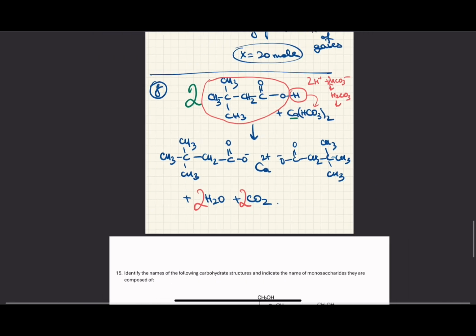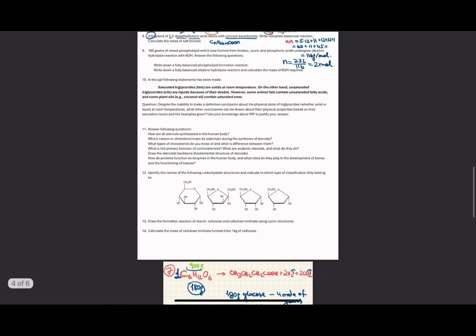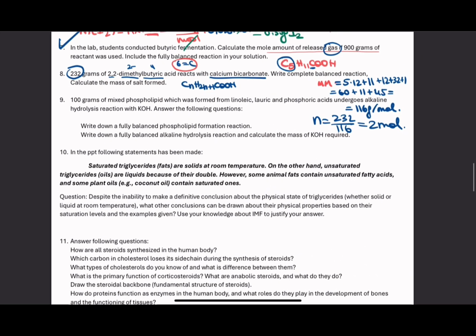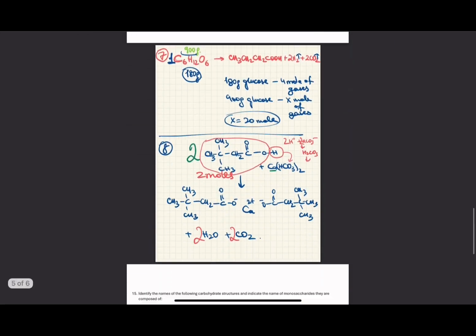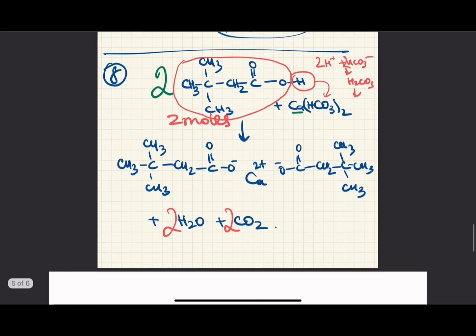That's what our reaction would be. Now the question was asking what if you're given 2 moles of this acid, and it was asking you to find the mass of salt formed. As we can see in our balanced equation, 2 moles of that gives us 1 mole of the salt, right?